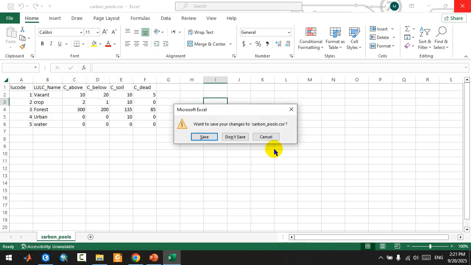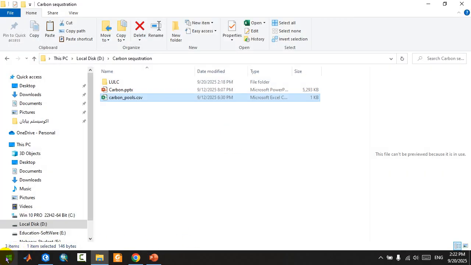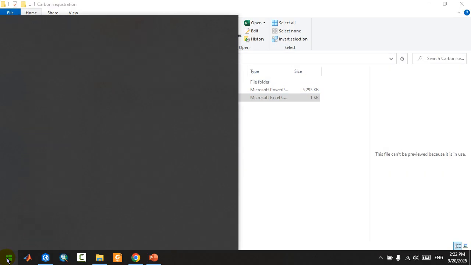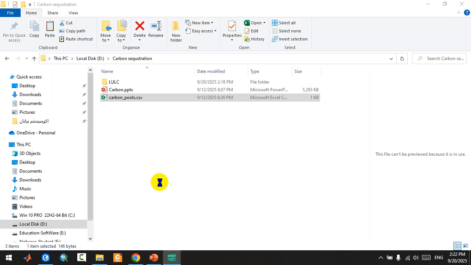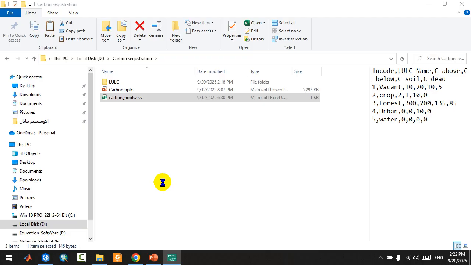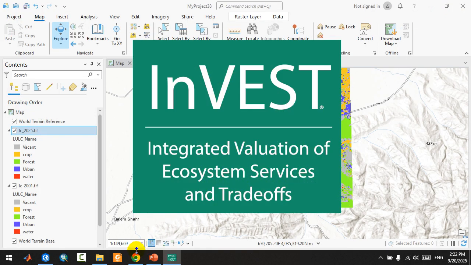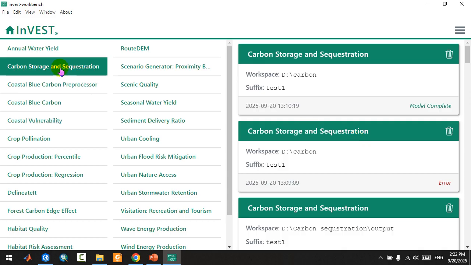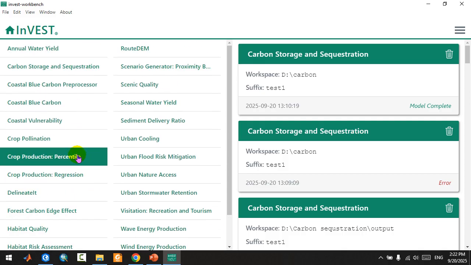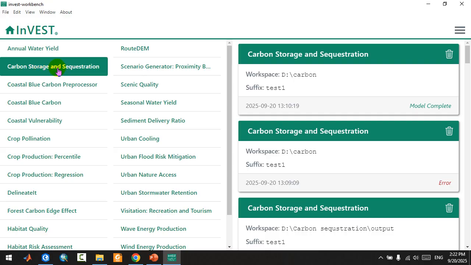Okay, in the start window write InVEST, enter. We will wait for the InVEST software. Okay, InVEST has 20 modules to calculate the ecosystem service and trade-off. Okay, 20 modules, and click the carbon storage and sequestration.